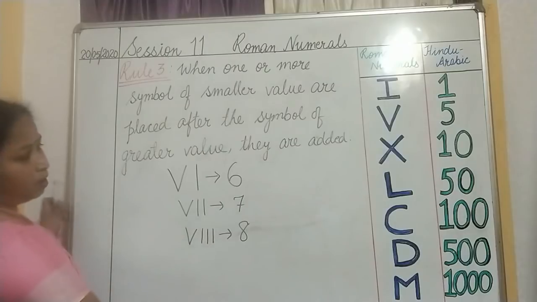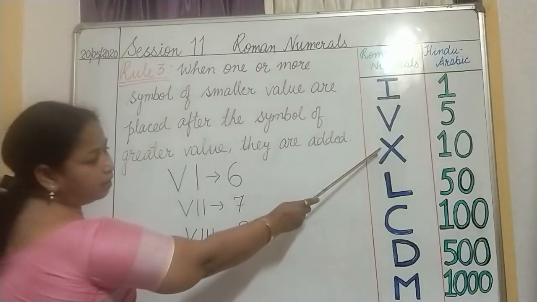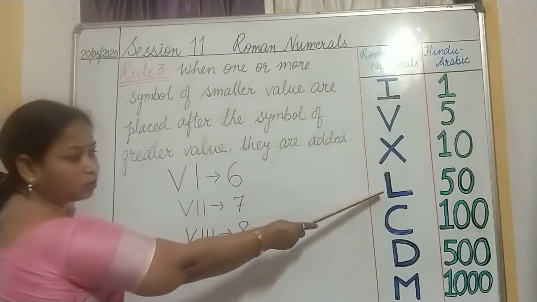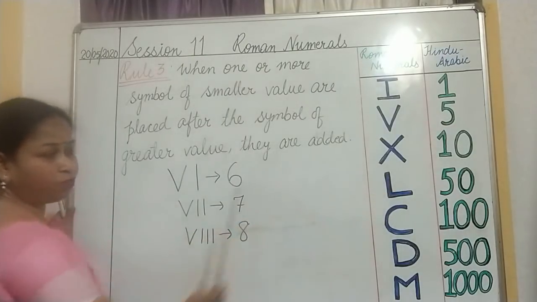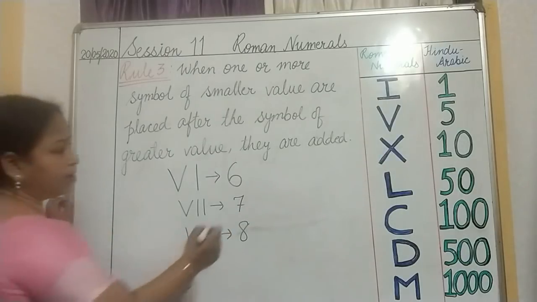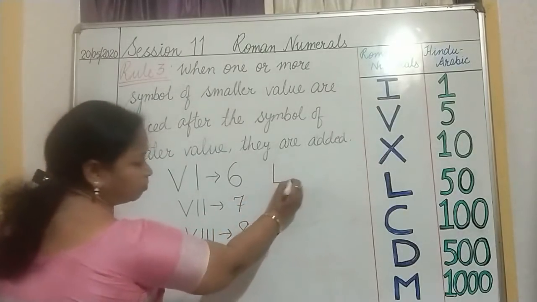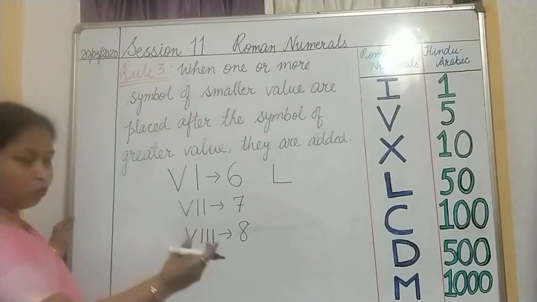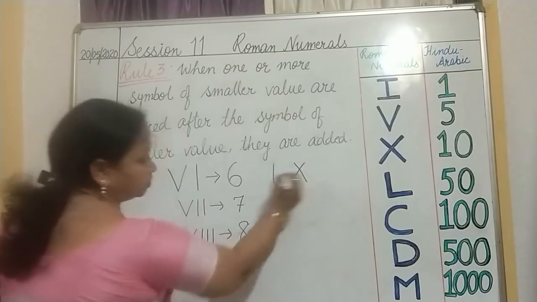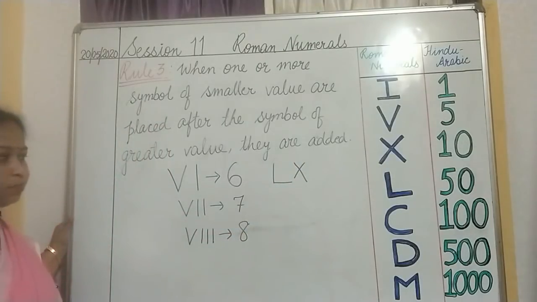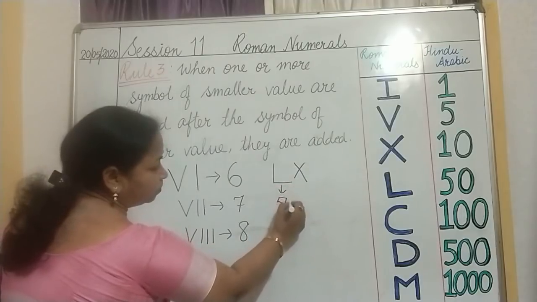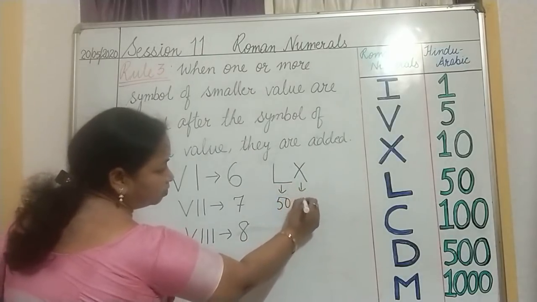Let us move on to the next symbols. If we compare X and L, which one is greater? L, of course. The value of L is 50, whereas X is 10. So if I write L here, this is the greater value, and the smaller value is written after it. What will it be, children? Very easy. L stands for 50, X stands for 10.